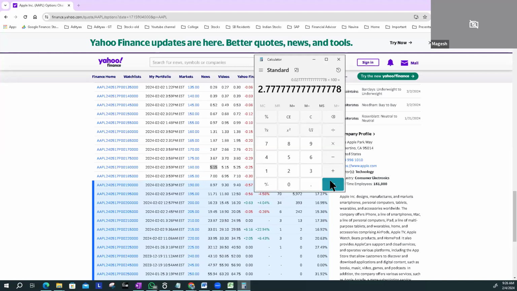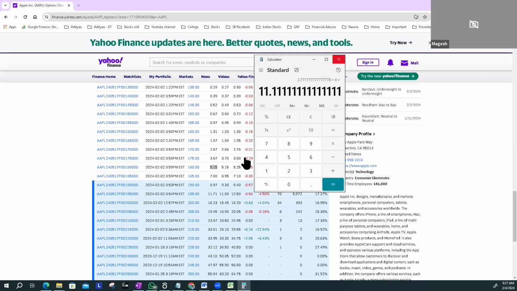And annualized, it's 11%. It's still not a bad deal. If Apple stays above that 180, what we sold, you still make 11% on that money. Your bank gives you what, 3-4%? I don't know. So 11% you make on the trade.